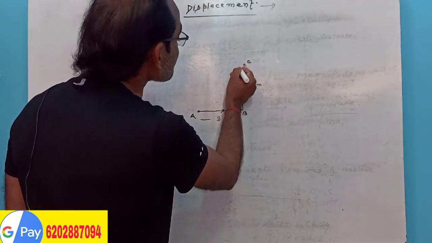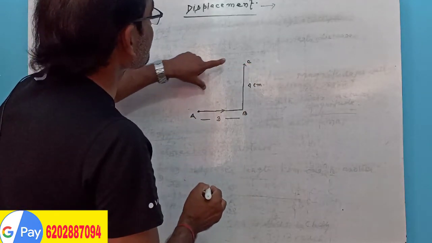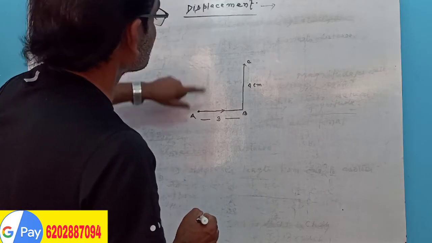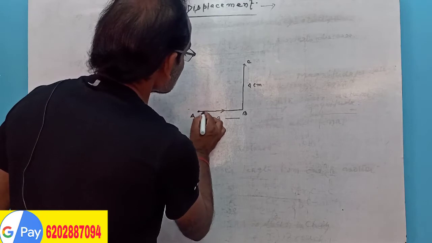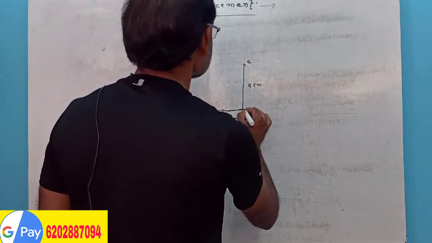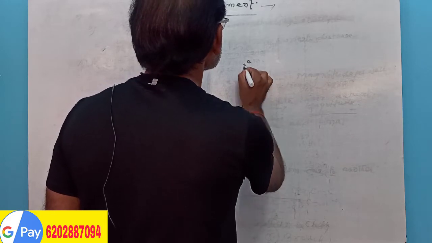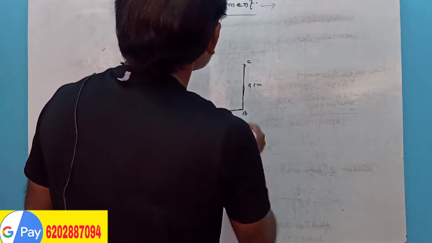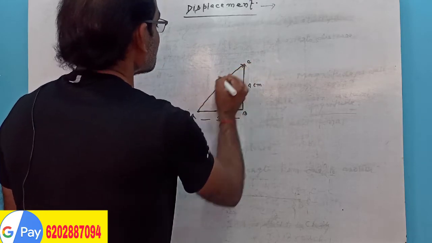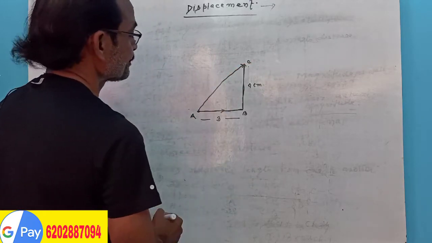Then the resulting displacement has initial direction AB and final direction BC, and their resultant direction becomes AC.